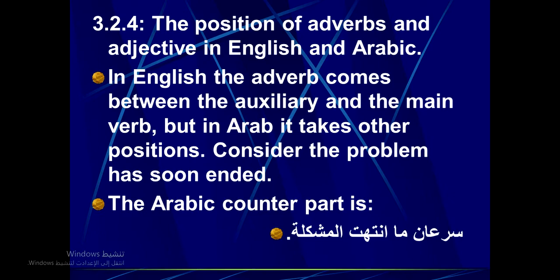But we cannot do the same thing in Arabic. In Arabic, it's said سرعان ما انتهت المشكلة. We do not even have an auxiliary verb in the Arabic sentence. So again here, be careful about the position of adverbs and adjectives in English and Arabic. So here we translate it as سرعان ما انتهت المشكلة.